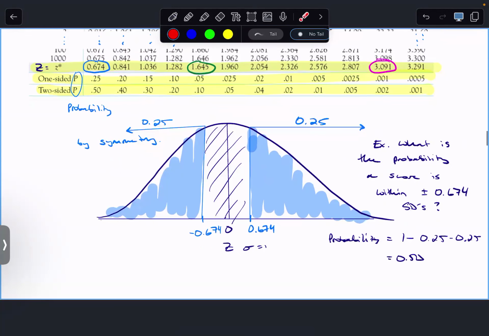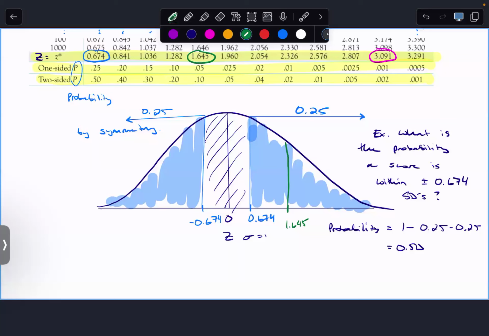Now I would draw a new curve, but I want you to see that they're all on the same scale, or all on the same line here. And if we draw this line up here, we are told that the area in one of the tails is 0.05 or 5%.